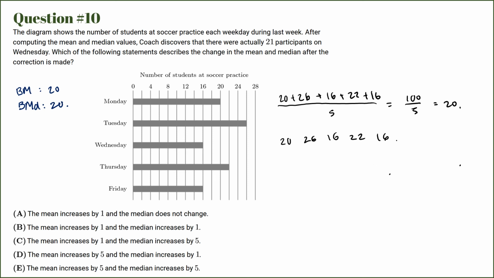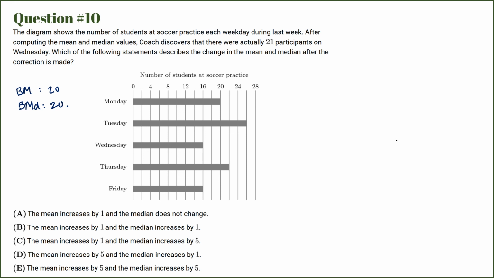Okay, now let's compute the mean and the median after he figures out that there were actually 21 participants on Wednesday instead of 16. So the new mean is going to be 20 plus 26 plus 21 plus 22 plus 16 over 5.